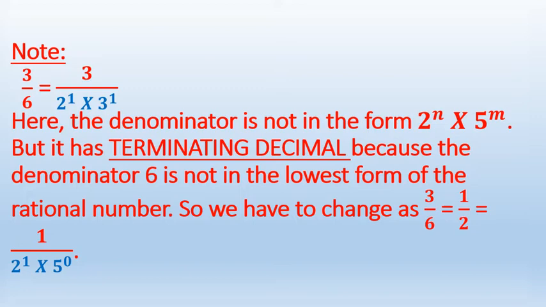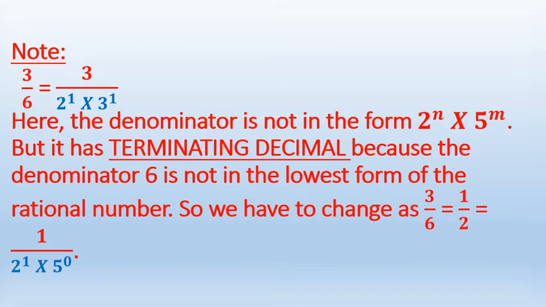Again, let us discuss one more important condition. If I write the rational number 3 by 6, the prime factorization of the denominator is 2 to the power 1 multiplied by 3 to the power 1. Here we see that the prime factorization of the denominator is not in the form of 2 to the power n multiplied by 5 to the power m. Still, the decimal form of this rational number is terminating.